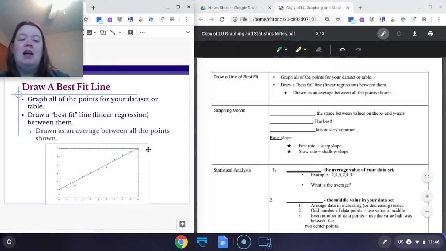That's called the line of best fit, meaning on average, this is the trend that that line takes. So it's just an average amongst all of the points to make one straight linear line. And it's called the line of best fit.